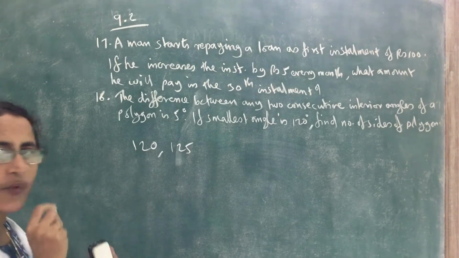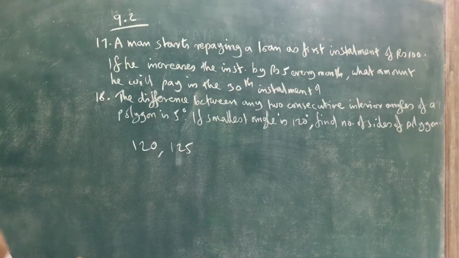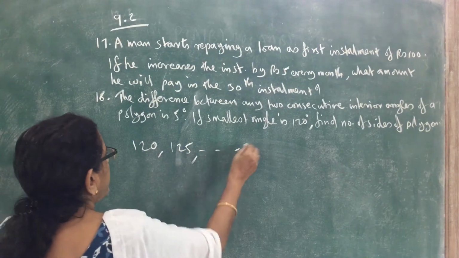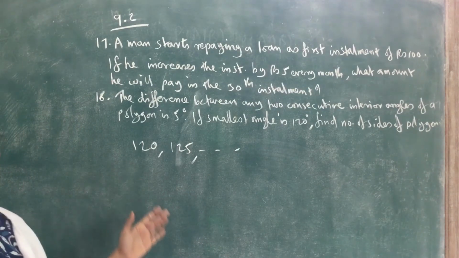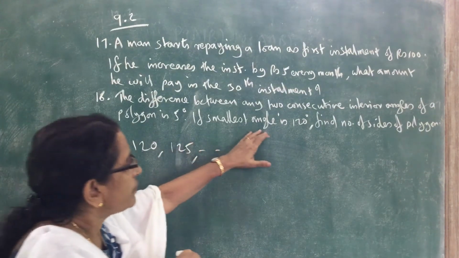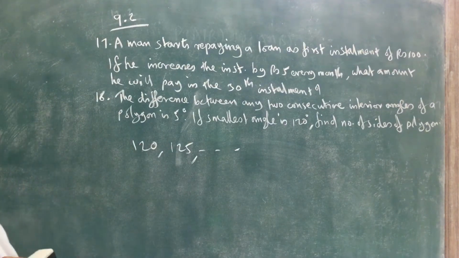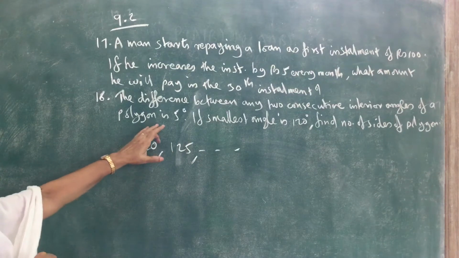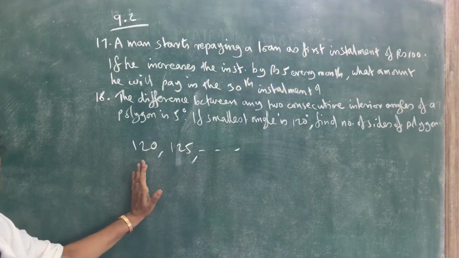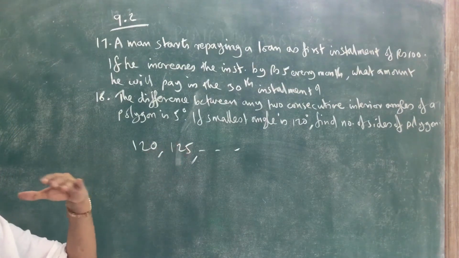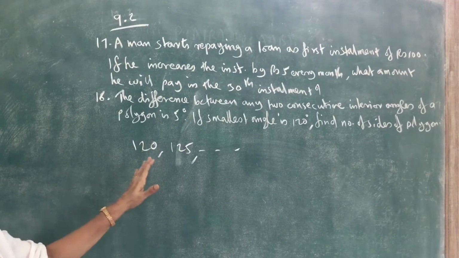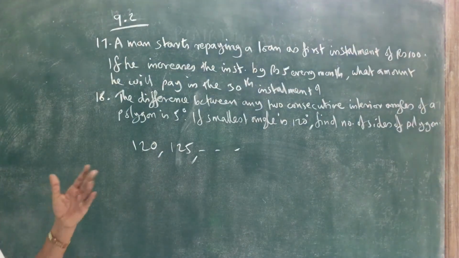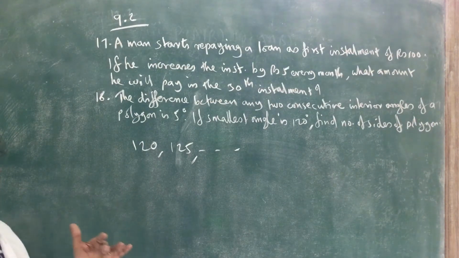So the first angle, the smallest angle, is 120 degrees, then 125 degrees, etc. These are the interior angles of the polygon. Then we have to find the number of sides of the polygon. Only this is given: the difference between consecutive interior angles is 5 degrees and the smallest angle is 120 degrees. They form an AP.